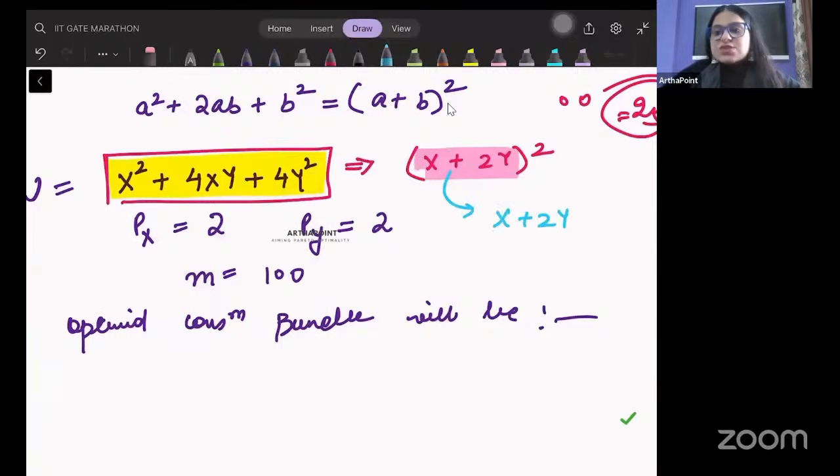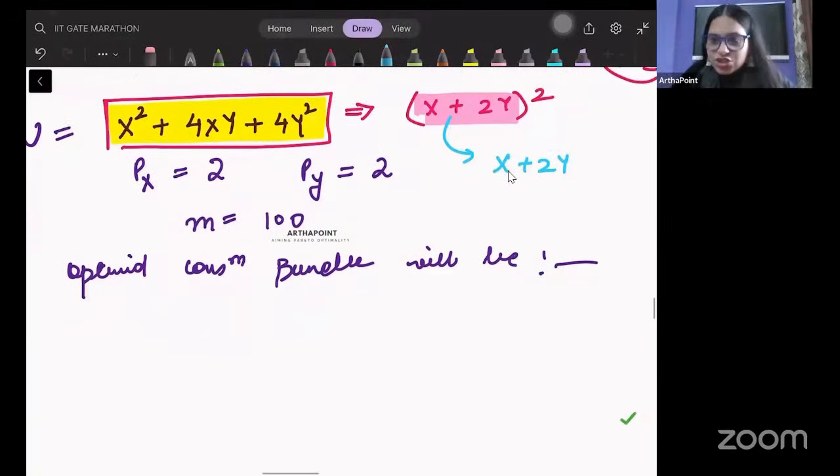So actually speaking, my utility function is not very big. My utility function is just x plus 2y. And this represents substitute goods. तो इस पूरी चीज जो इतना बड़ा दिया हुआ था, actually they are just talking about substitute goods. So my utility function is just x plus 2y.